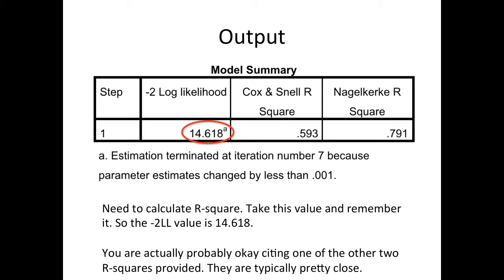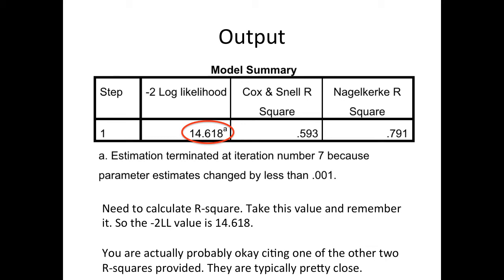Now, I'm going to refresh your memory on how to calculate that R square value, but I'm also going to tell you about those two other R square values you see. The last one maybe I would avoid, but the Cox and Snell R square value, from my experience, and remember I haven't tested every single data set in the whole US, but from my experience of looking at data sets, those tend to be pretty close, the -2 log likelihood and the Cox and Snell R square.